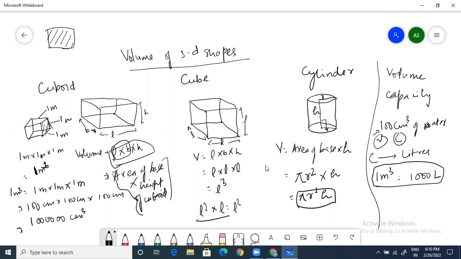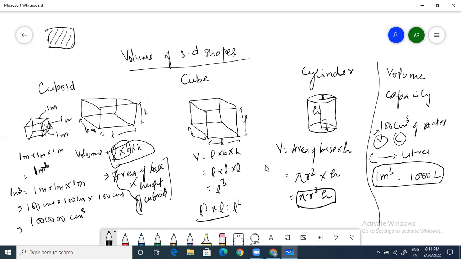So the water tank on the terrace of your flat, just go tomorrow and see what is the measurement of its length, breadth, and height. Once you do that, multiply them together and you will get the volume of this tank.